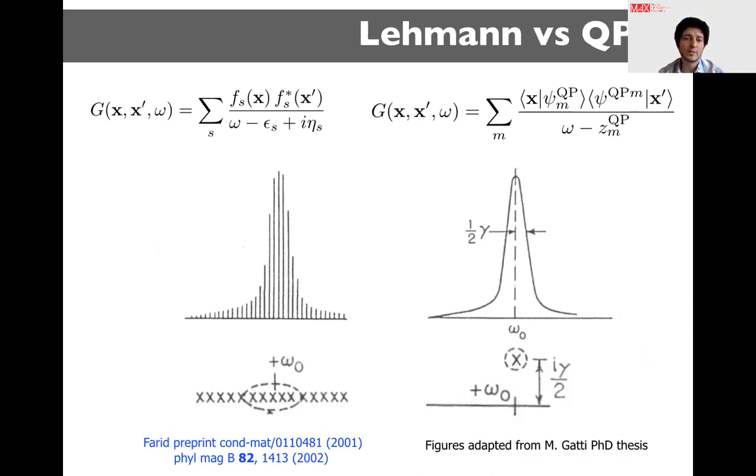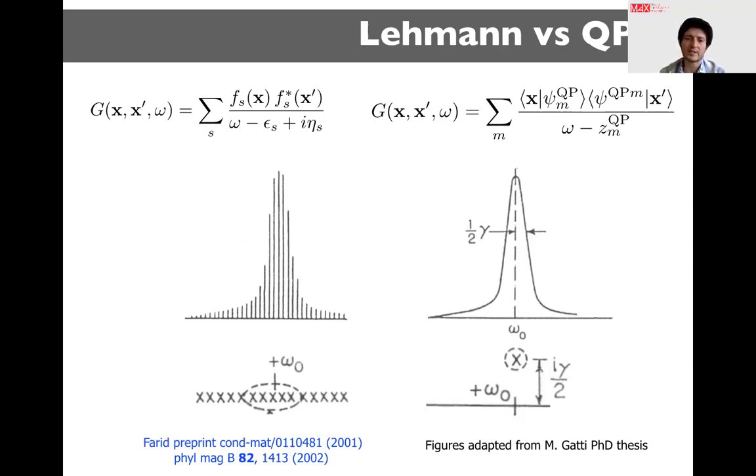The Lehmann representation basically leads to a picture where you have infinitely many poles given by epsilon s. Epsilon s is a total energy difference, so those are poles on the real axis, and in the continuum limit, these form a branch cut, a mathematical branch cut on the real axis for the fully interacting Green's function.